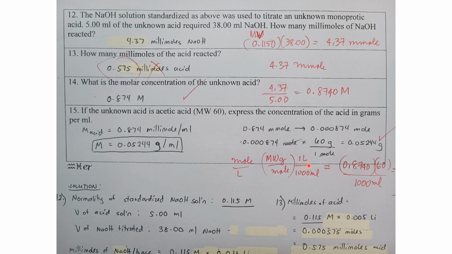So, 1 liter is over 1,000 ml, so that liter will cancel out. Ang maiwan na sa atin ay gram per ml. So this will be the computation. Hindi nasama sa aking picture ang answer. The answer here is 0.0524 grams per ml.